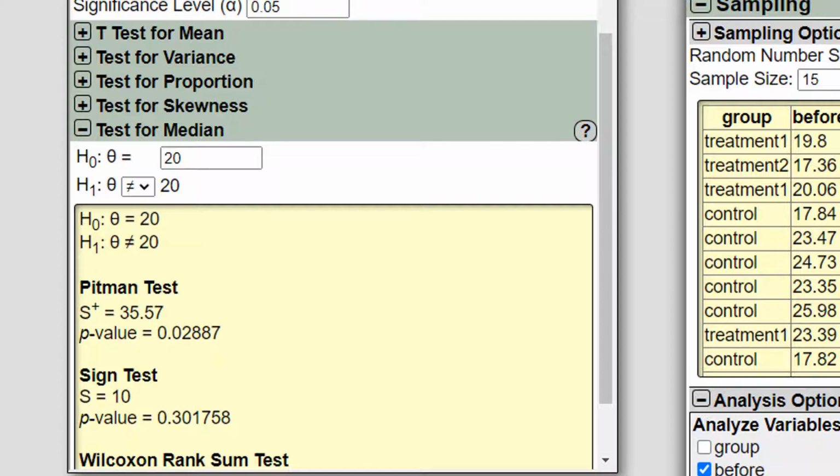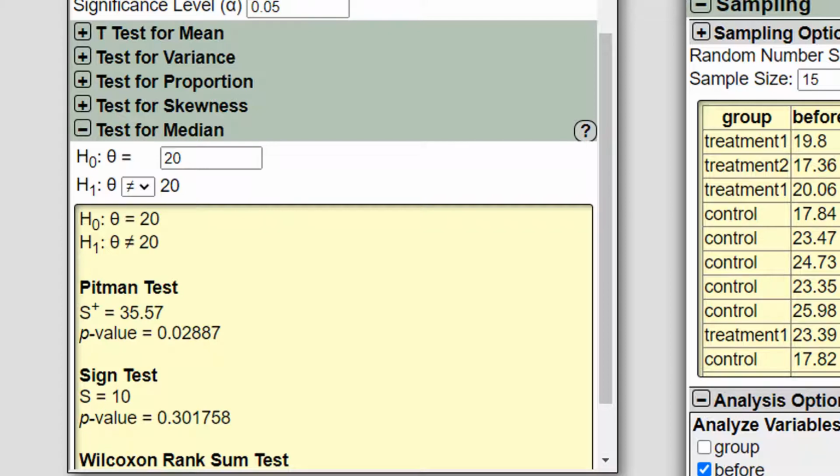So what we do is we calculate the sum of the positive differences, and we look at all the different possible permutations of changing the signs of these observed differences.